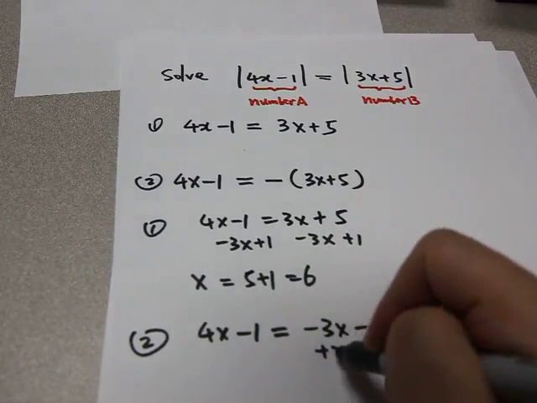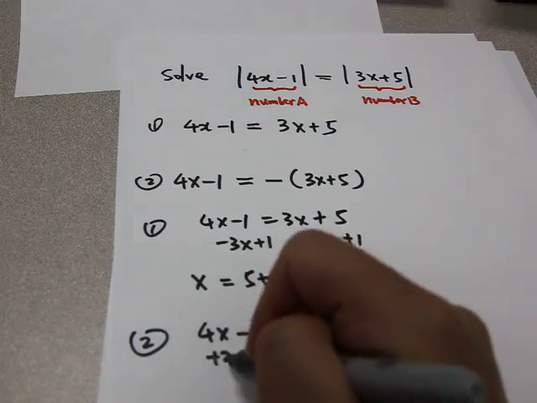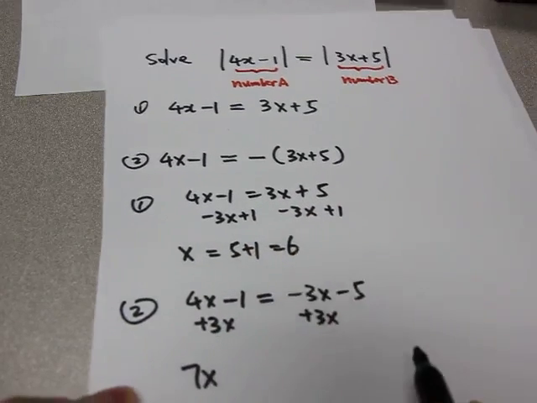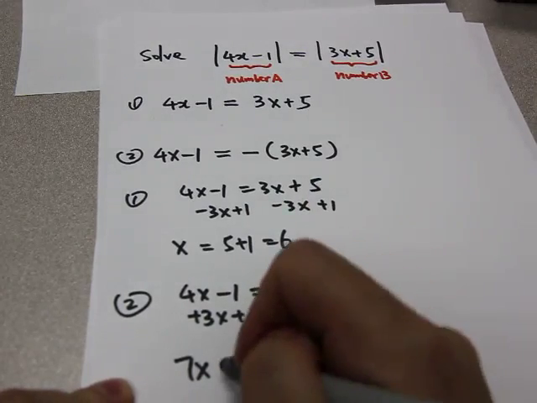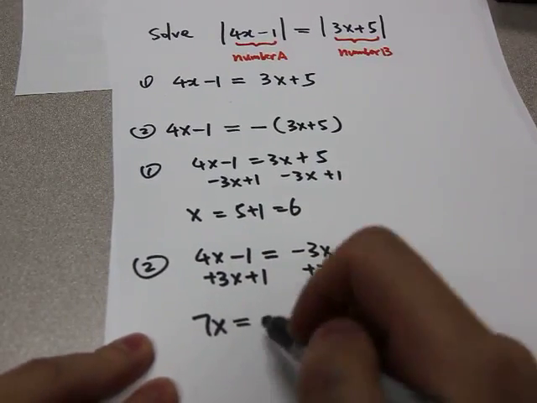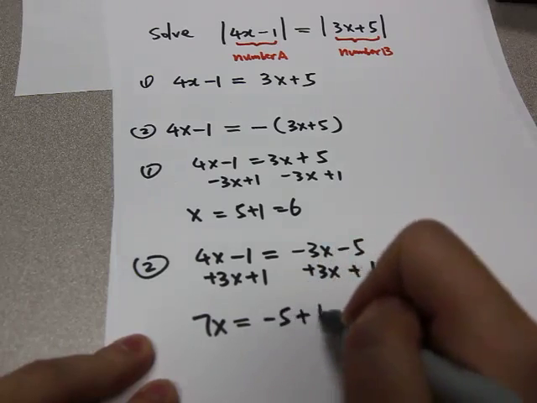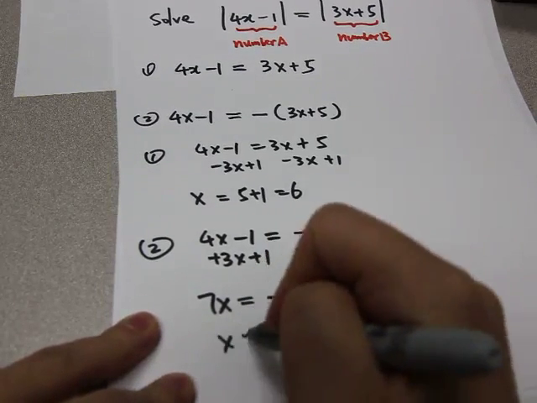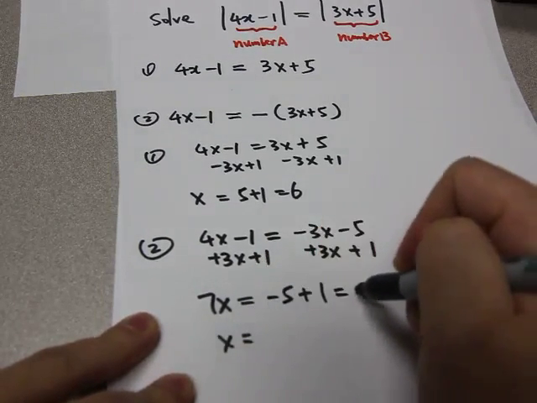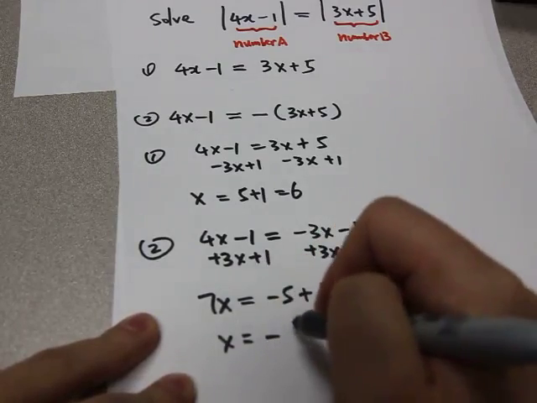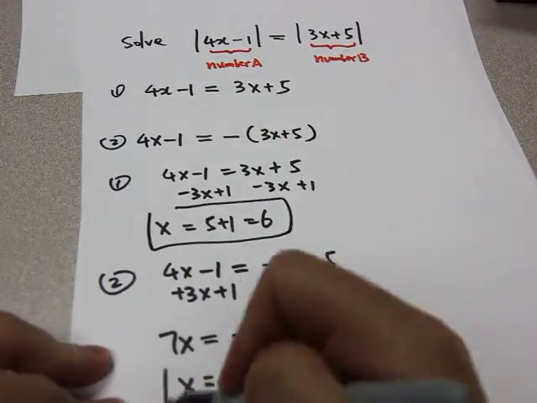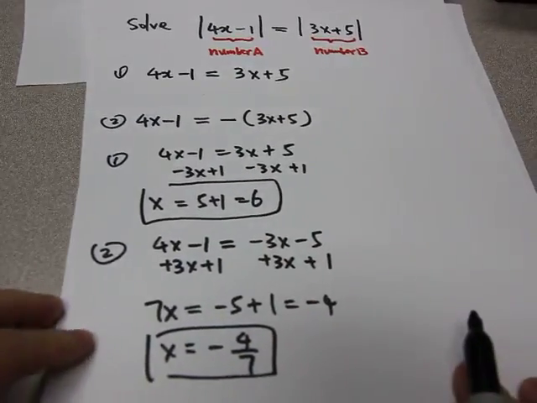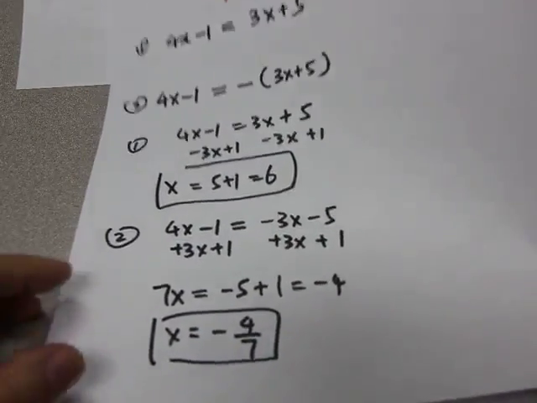And then we add 3x on both sides, and then we add 1 on both sides. So we have 7x equals negative 5 plus 1, so this is negative 4. So x equals negative 4 over 7. So the two solutions are, one is x equals 6, another one is x equals negative 4 over 7.